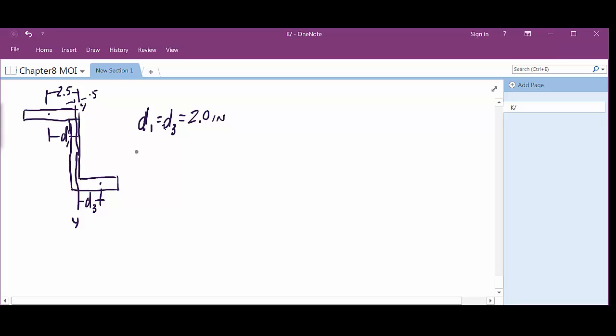Then what do we have to have? We had the areas, right? The area of 1 equals the area of 3 equals, what was it, 5 square inches. We had the area of 2, which was 8 square inches.